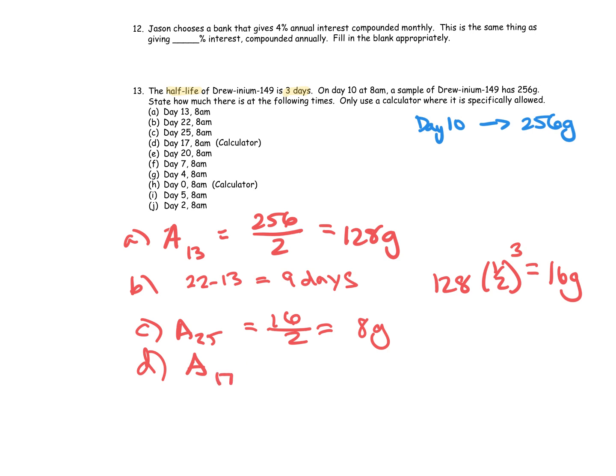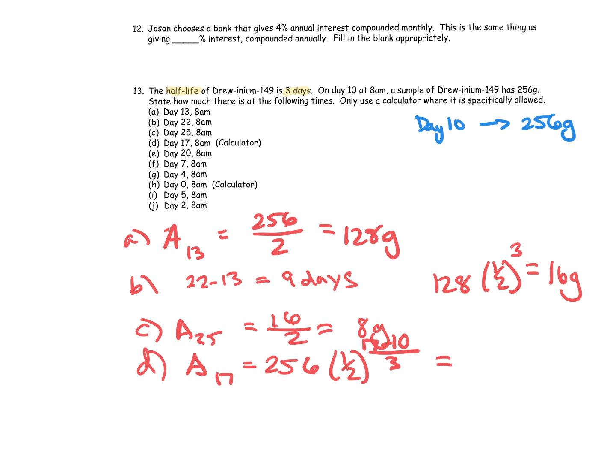So A17, we're using 256 as our starting point. A half is the base, and I want to figure out the difference between day 10 and day 17, so I'm going to do 17 minus 10. Then I divide that by the half-life, which is 3 days.